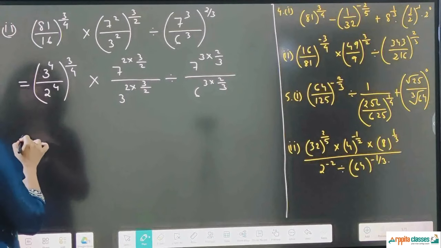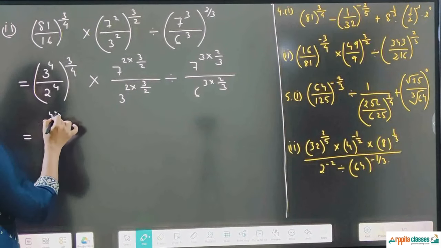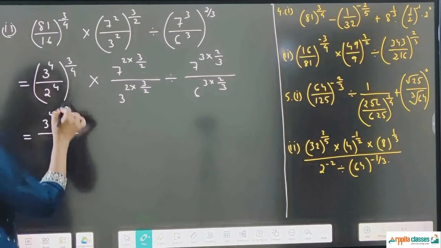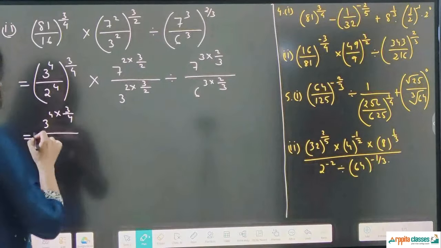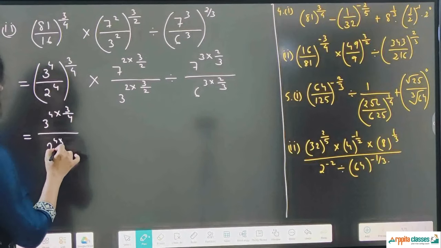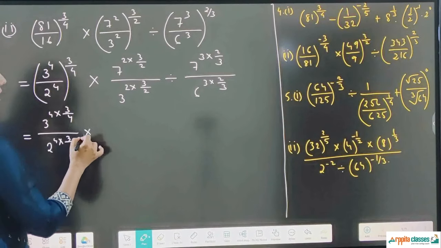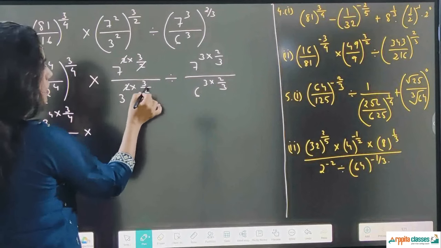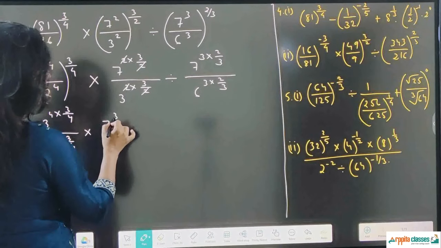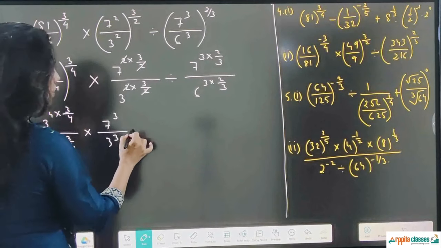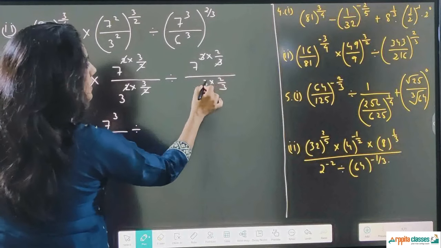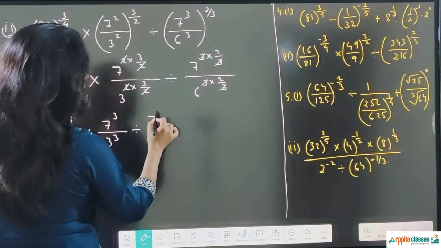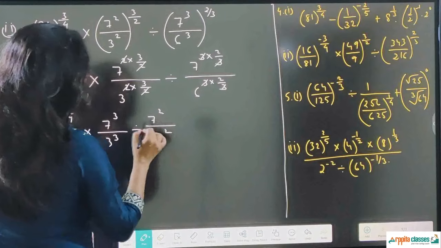Now this will be 3 to the power 4 into 3 by 4. I could have done it directly also, but as I told you, I am doing all the steps so that nothing is missed. Here 2 and 2 get cancelled, so it's 7 to the power cube and 3 to the power cube divided by 3 cancel, so it is 7 to the power 2 divided by 6 to the power 2.